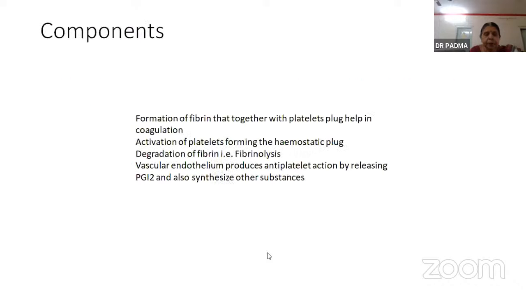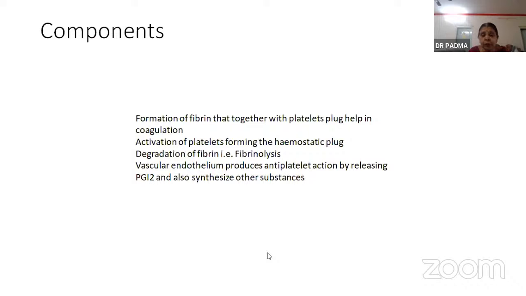Later on, we'll come to the antiplatelet agents and come back to these questions once again. In our body, the formation of the clot starts with the formation of fibrin that together with the platelet plug helps in coagulation. There is activation of platelets forming the hemostatic plug. Then there is degradation of fibrin, that is fibrinolysis.